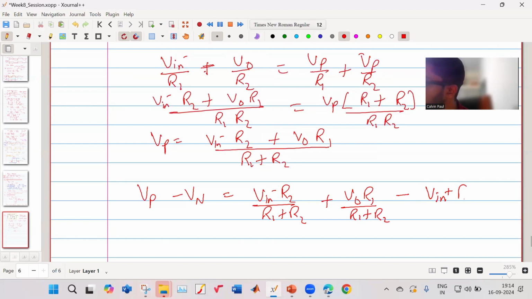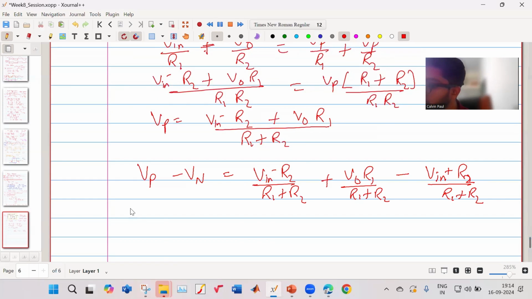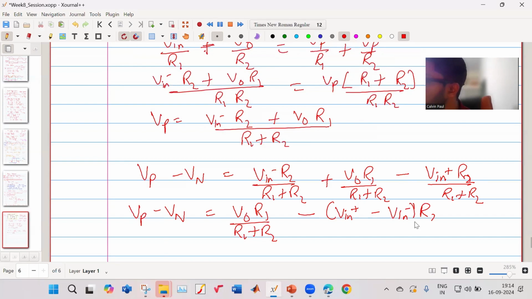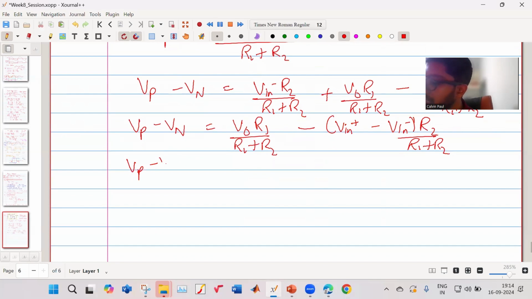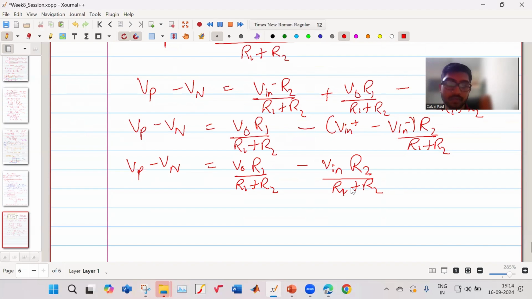So your Vp minus Vn is equal to V output into R1 by (R1 plus R2) minus Vn into R2 by (R1 plus R2). Okay. So I've got the expression of Vp minus Vn.